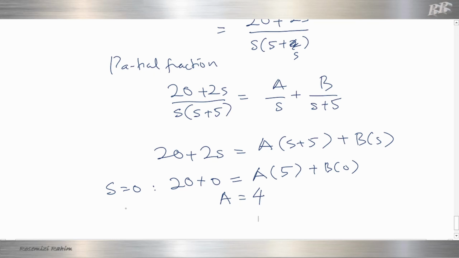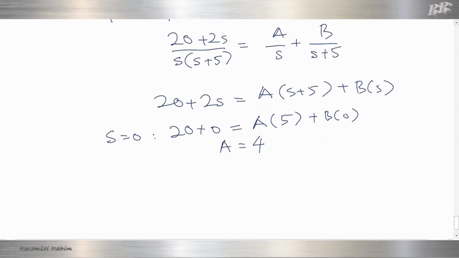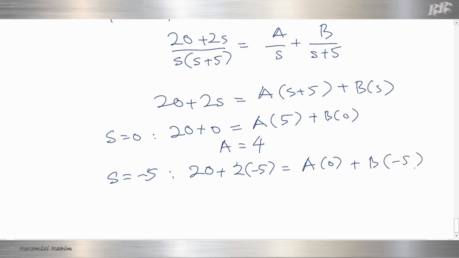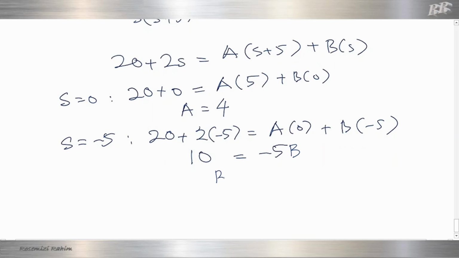Then when s equal to minus 5: 20 plus 2 times minus 5 equal to A times 0 plus B times minus 5. So this one becomes 10, and the right side becomes minus 5B, so B equal to minus 2.